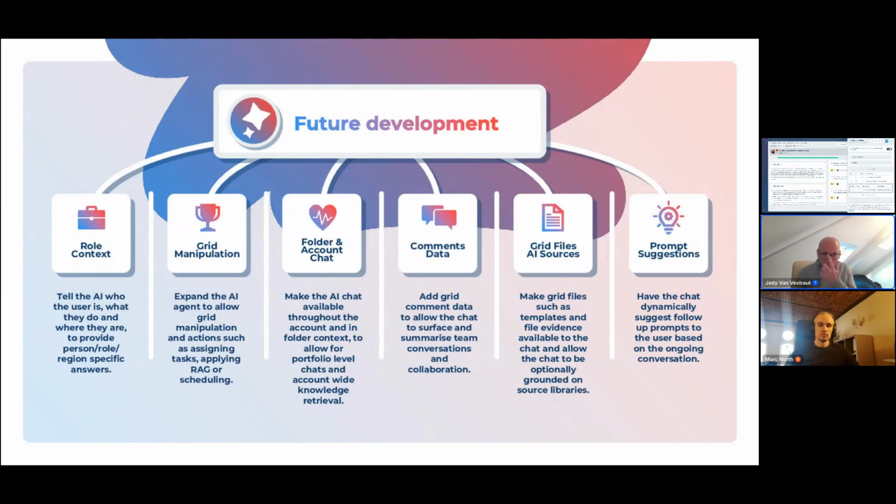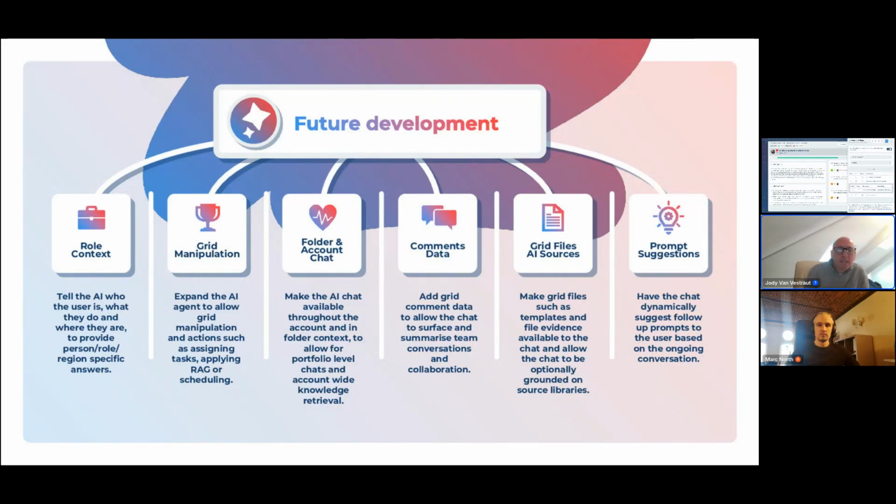A lot of that will take place in the same interface. So this AI assistant interface in grids, or potentially in the whole account, will be here forever, and we'll be adding new features and new data for it to access so that it grows over time.